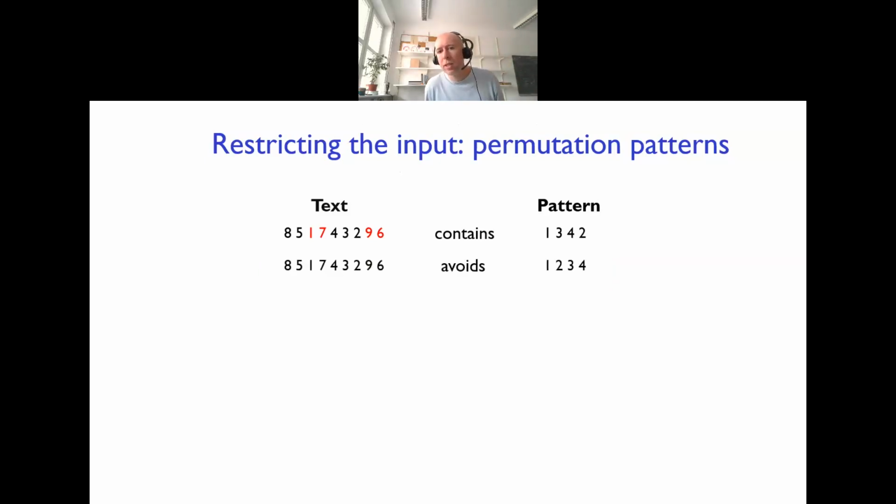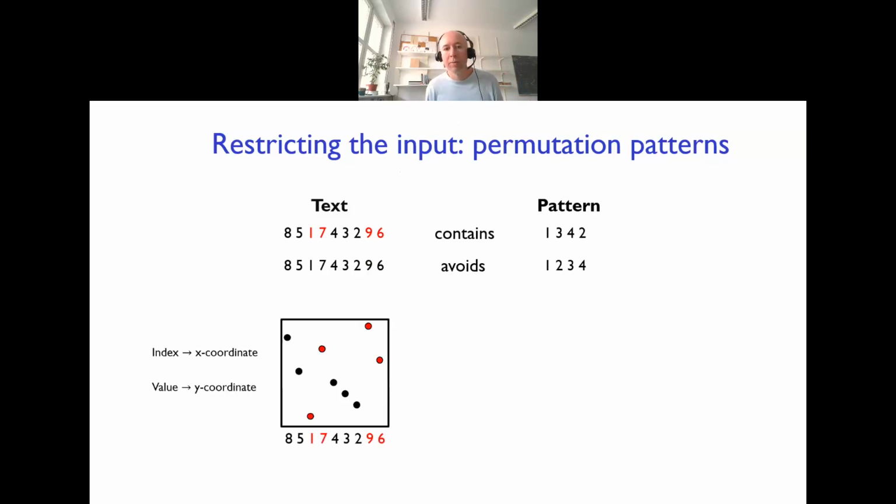The same sequence, for example, avoids 1, 2, 3, 4 because there are no 4 elements in this sequence which would be in increasing order. And it's very intuitive to visualize this as point sets in the plane.